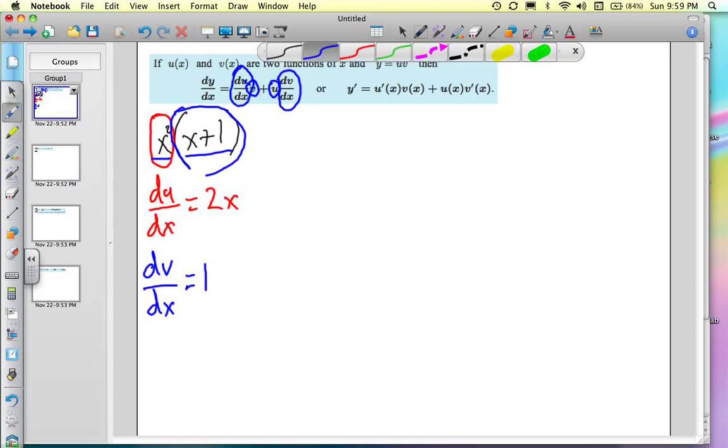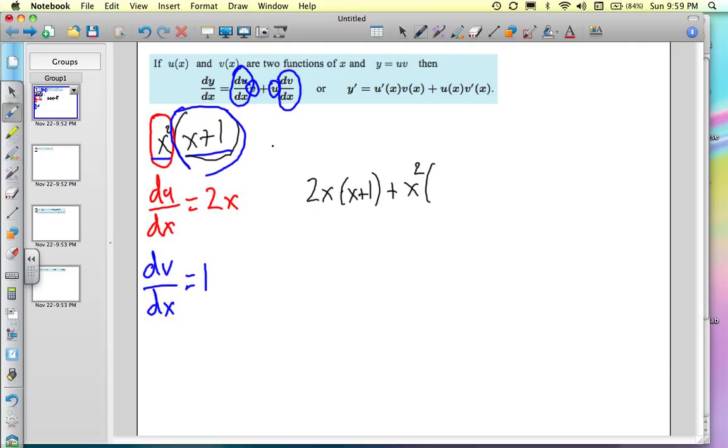So let's do the product rule really quick. You have the derivative of the first one, so du dx is just 2x, times the actual second function, which was x plus 1, plus the original first function, which is x squared, times the derivative of the second, so dv dx, which is just 1.